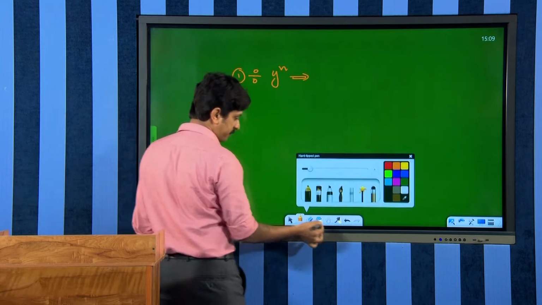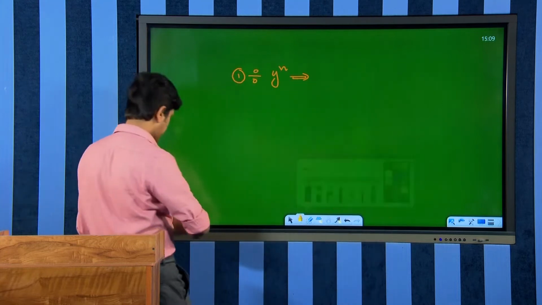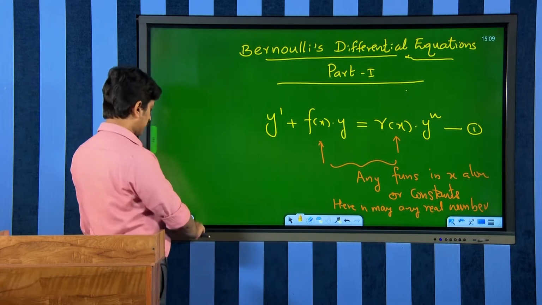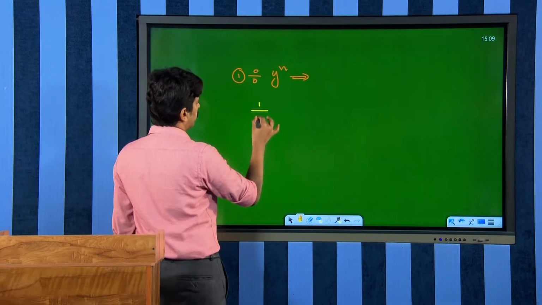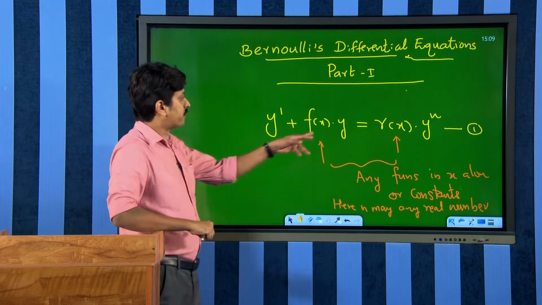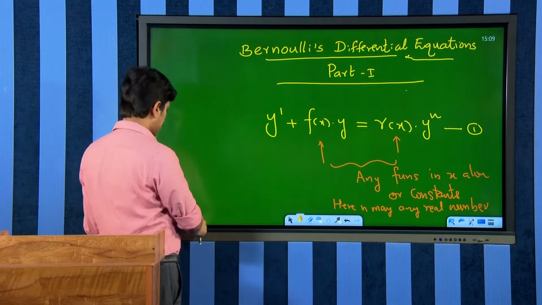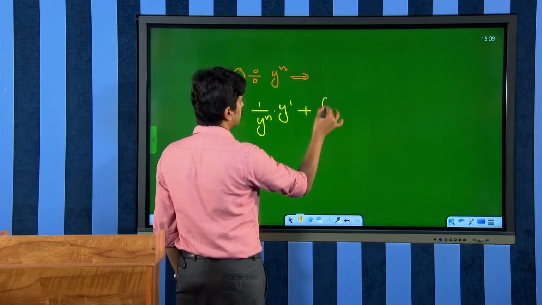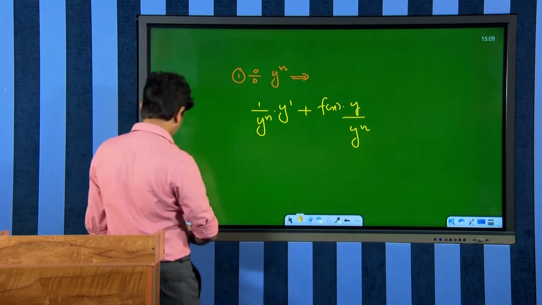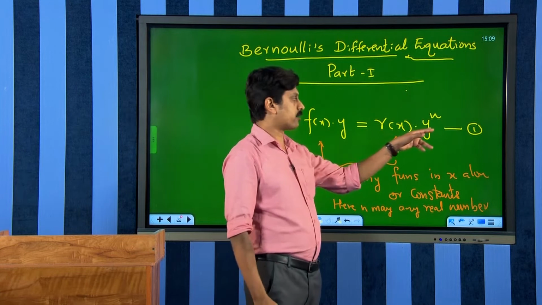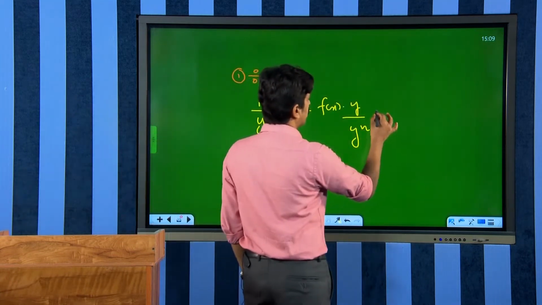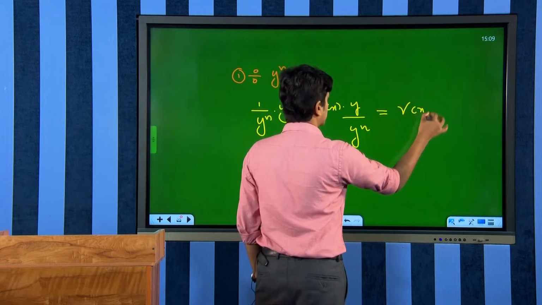So we will have 1 by y raised to n into y dash plus f of x into y divided by y raised to n, and finally here we have r of x into y raised to n divided by y raised to n. Simply we can say that is r of x itself. So, this is equal to r of x.